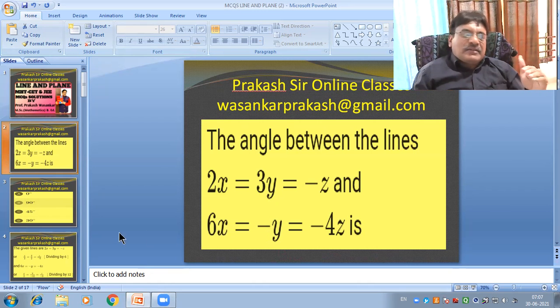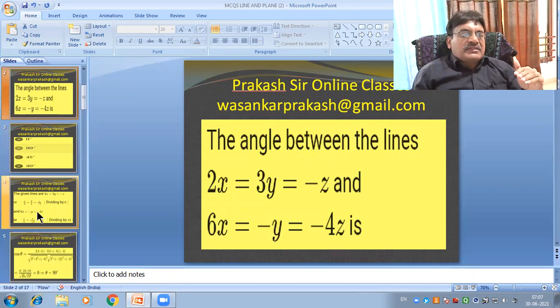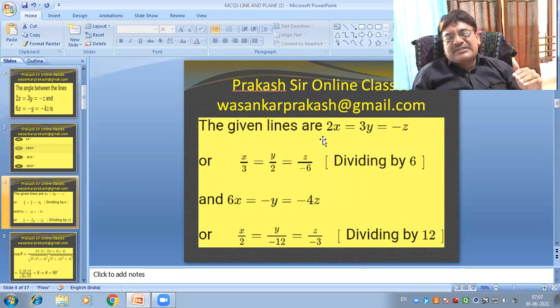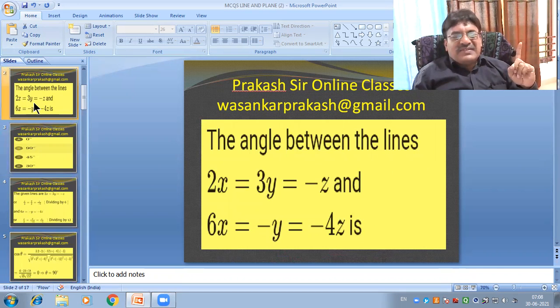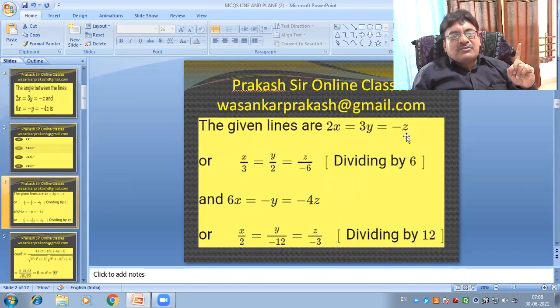First we write the given equations of the lines. The first equation of the line is 2x = 3y = -z.